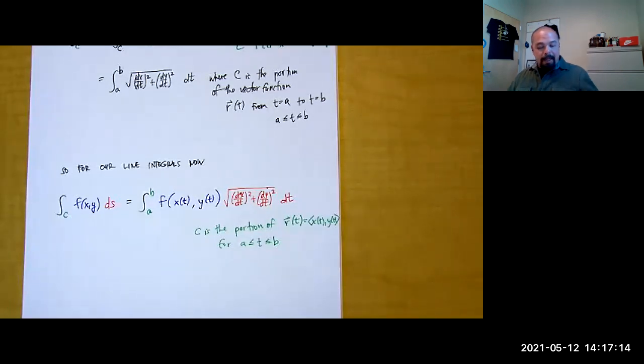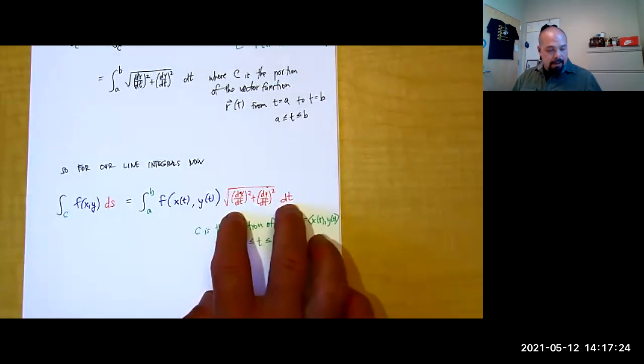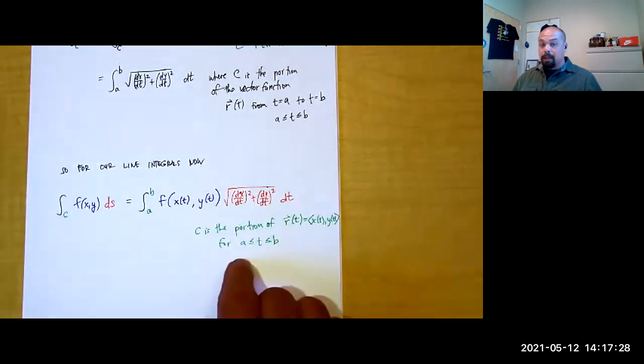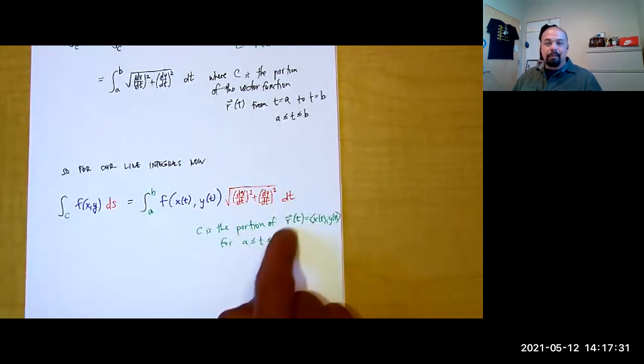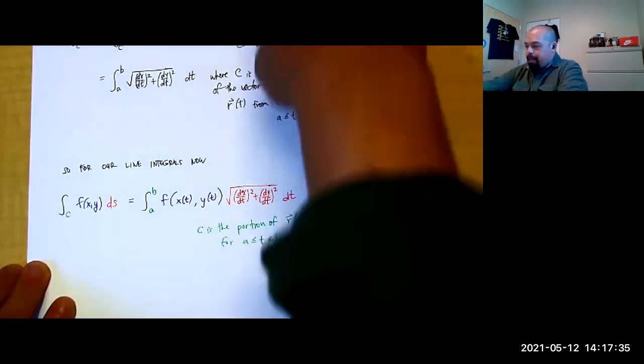And then we're just summing up that product of our function parameterized in t times that bit of arc length. And so that's where the work's going to come in, parameterizing.